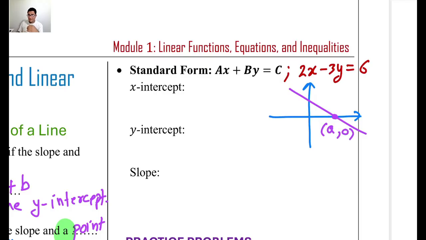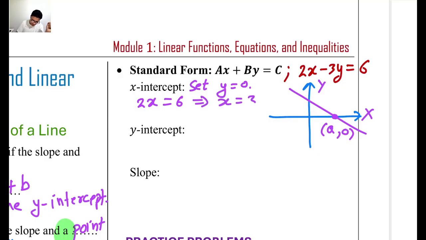Now on the x-axis, obviously the y coordinate is 0, and that is the technique we use here. So you set y equal to 0 in the equation, and then you get 2x, let's say, for that particular example, equals 6. So you get x equals 3, right? That is how you can compute the x-intercept.